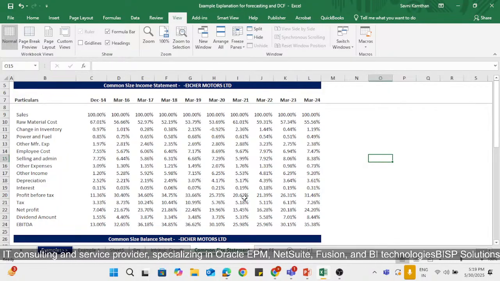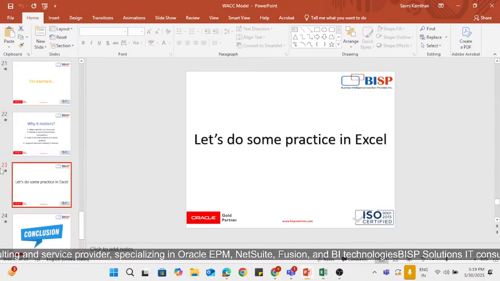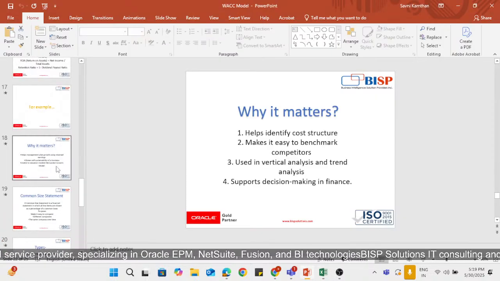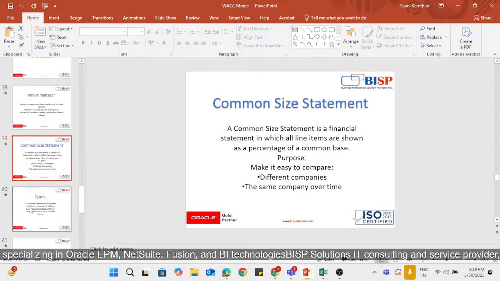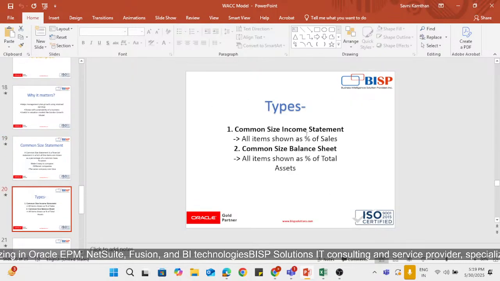So in our PPT also we have discussed that our common size statement is a financial statement. Okay, so first is our income statement, which is calculated from percentage of sales, and our balance sheet with our total assets.